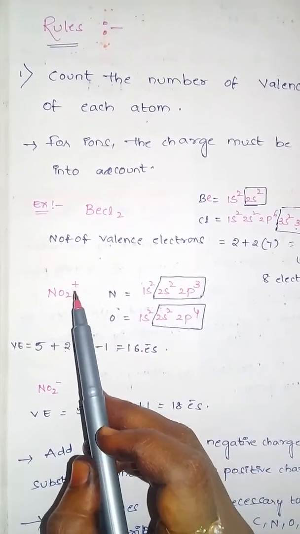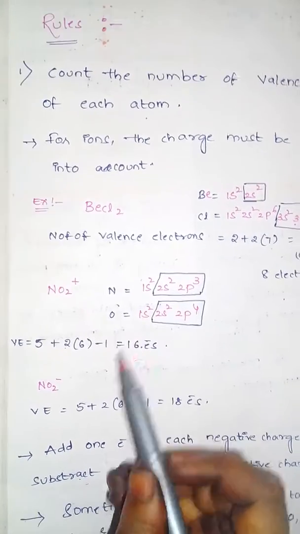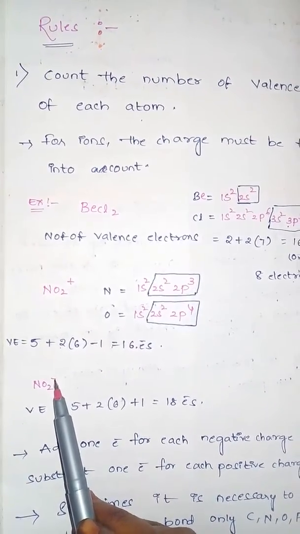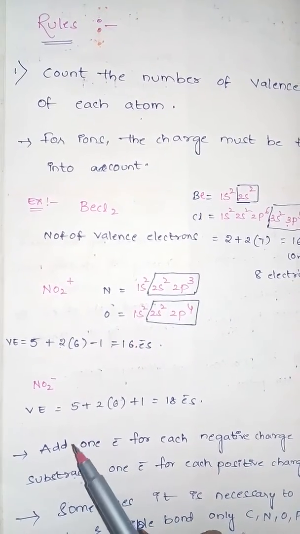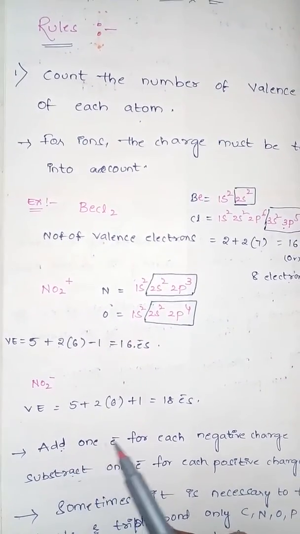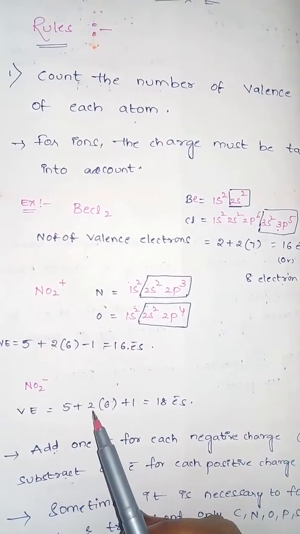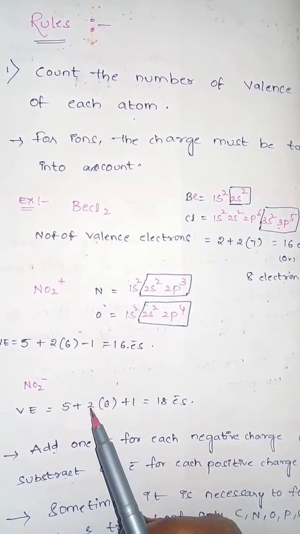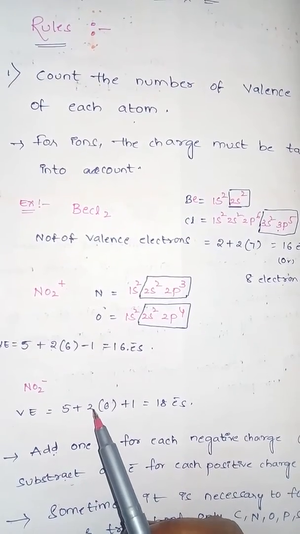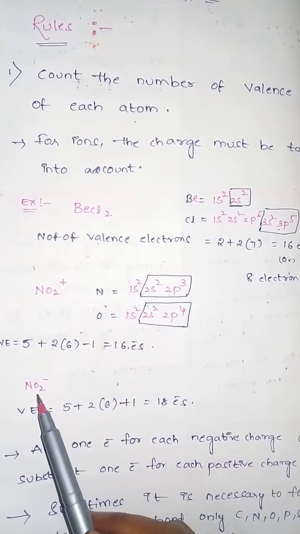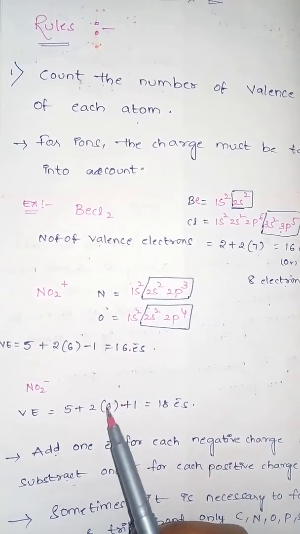So NO2 plus has 16 valence electrons. For NO2 minus, the charge is negative, so we add 1 electron for each negative charge. To find valence electrons for NO2 minus, add 1 electron along with the nitrogen and oxygen valences.